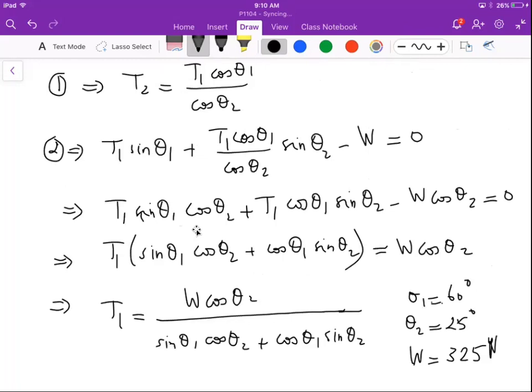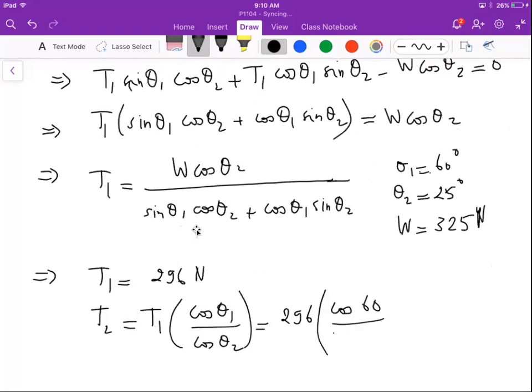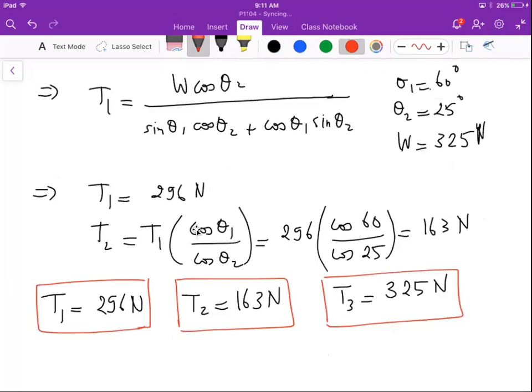So you can also evaluate it as 296 multiplied by cosine 60 divided by cosine 25, which is given by 163 Newton. Okay, so we have all the values now. T1 is equal to 296 Newton, T2 is equal to 163 Newton, and T3 is equal to the weight, 325 Newton. These are the values we were looking for: T1, T2, and T3.